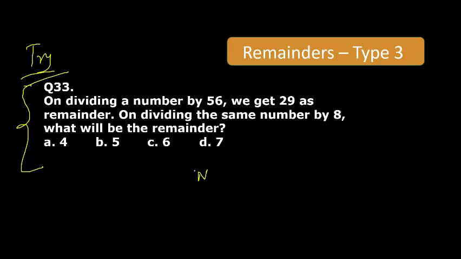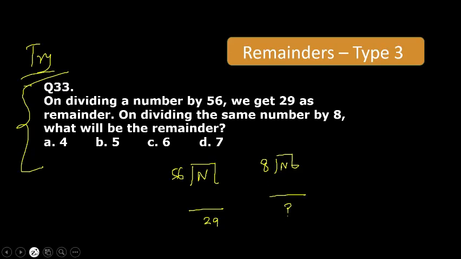If your number is divided by 56, then it was leaving 29 as the remainder. Now the same number is divided by 8. Your number is same, but now you are dividing by 8. So whenever this will be your situation, what is the shortcut? Divide 29 by 8.